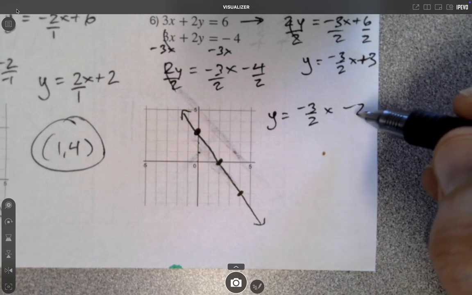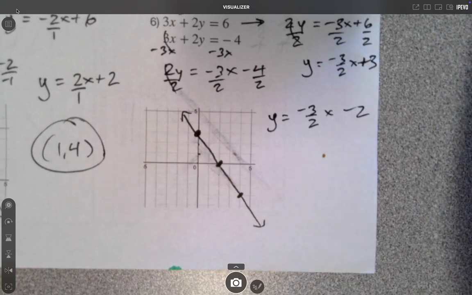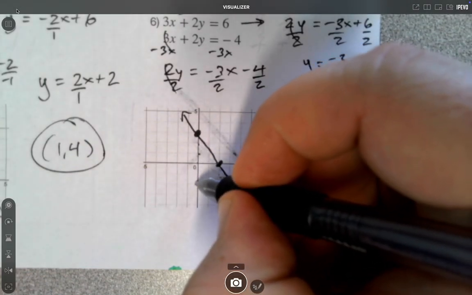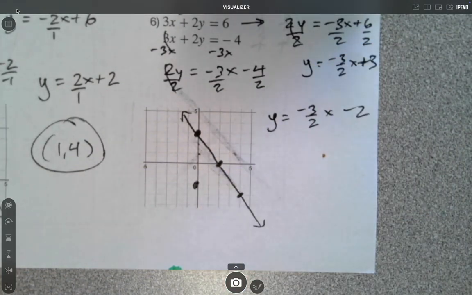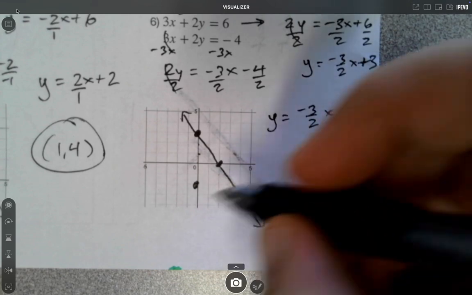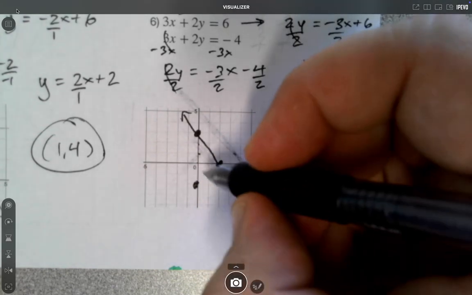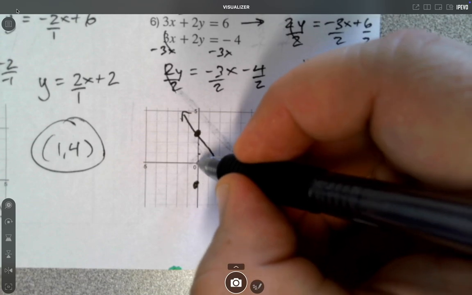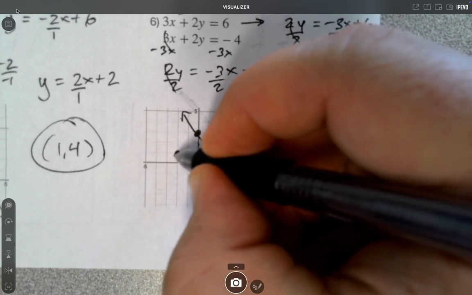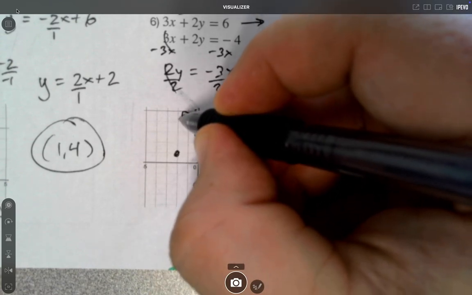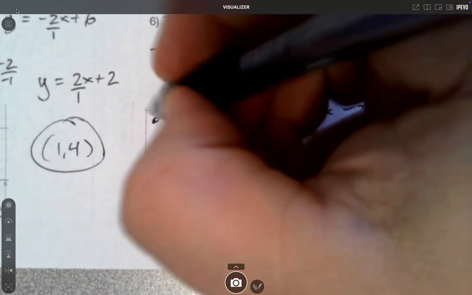So this one has a y-intercept of -2. So we put a point there. And then its slope is negative 3 over 2, so we go down 3 over 2. Okay, that doesn't work really well, so we'll go opposite. We'll go up 3 and left 2.